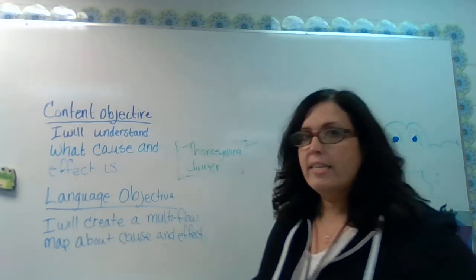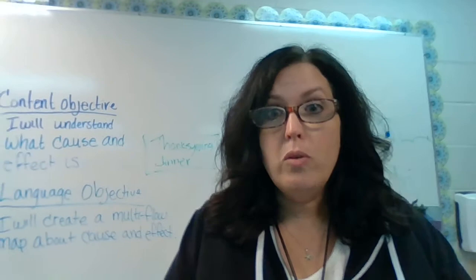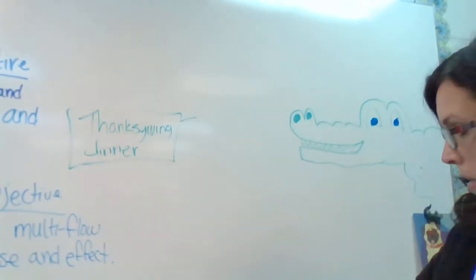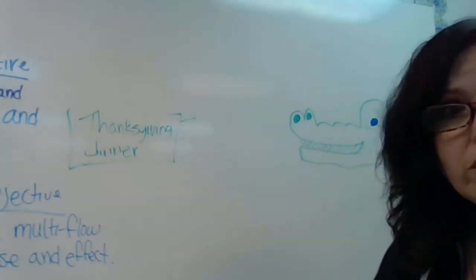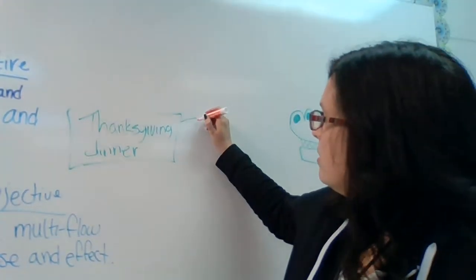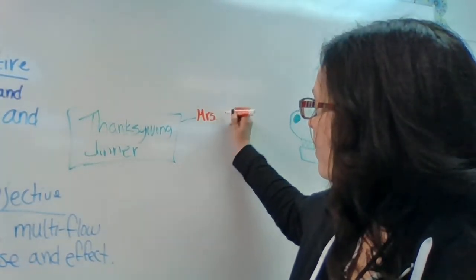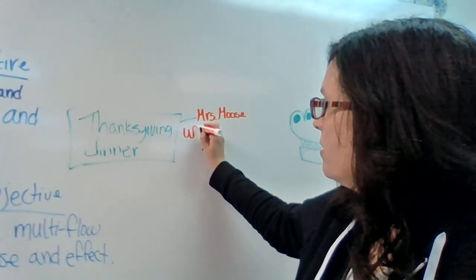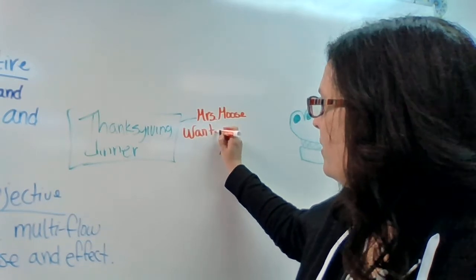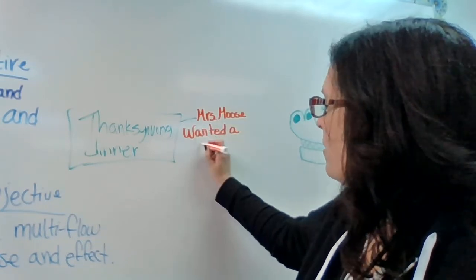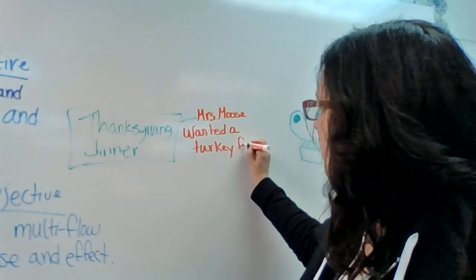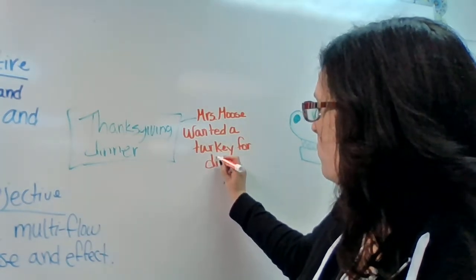Because it was Thanksgiving dinner, Mrs. Moose wanted Mr. Moose to find a turkey for Thanksgiving, right? Mrs. Moose wanted a turkey, and we didn't know that it was to join them, did we? I thought maybe it was to eat.